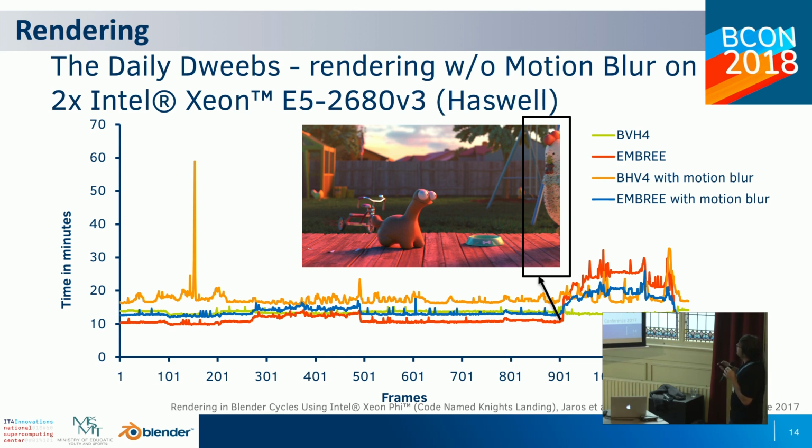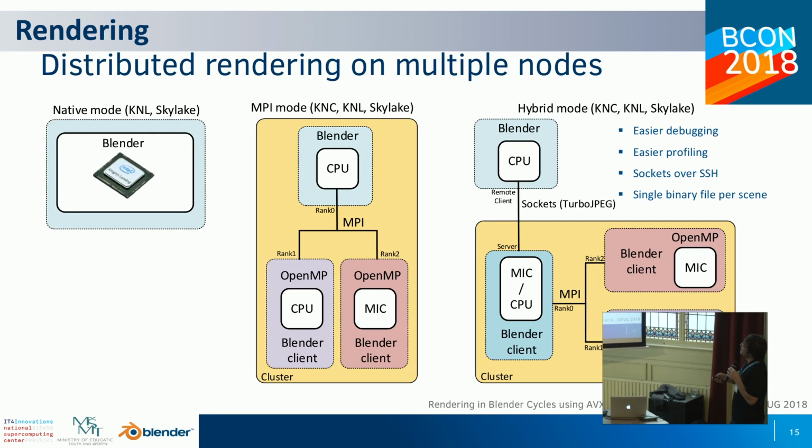And you see how these different versions behave for the movie as we go through the frames. Right now, this is probably not true in the latest version, but when there were a lot of particle systems and an object was entering the scene, there were some problems, which were eventually solved.